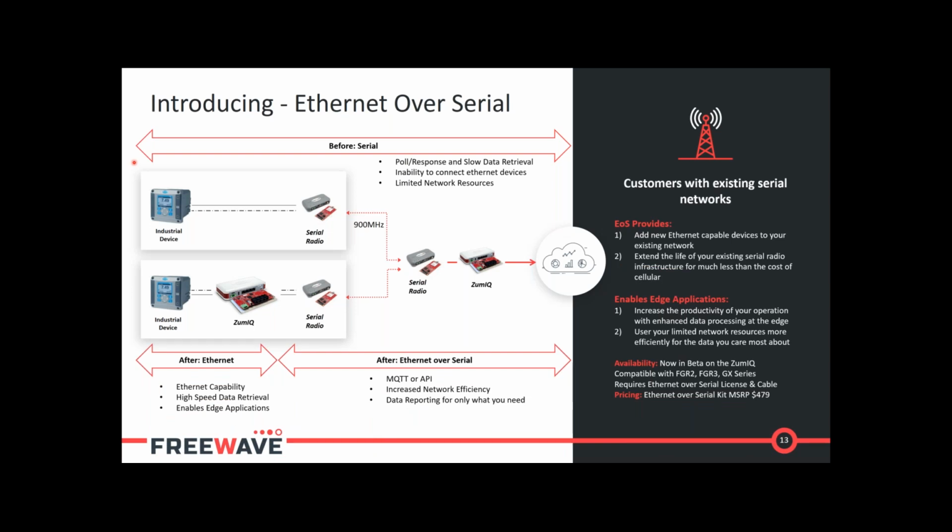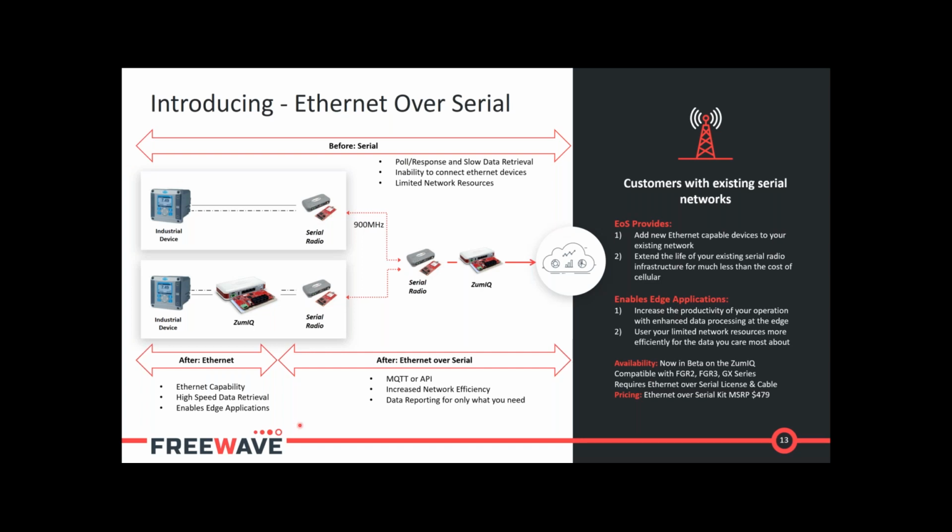So what does this cover? This adds Ethernet capability on your existing sites where you've got the serial radio installed, so you can connect new devices and do different types of data retrieval. And also it enables edge applications.